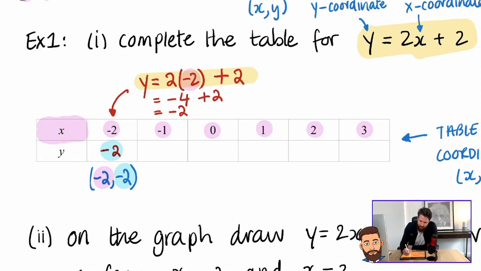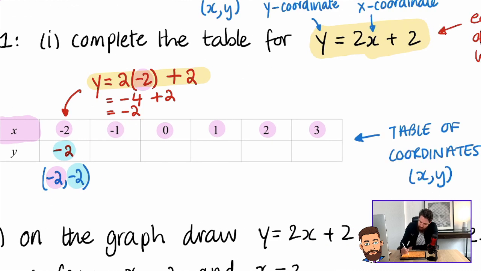If we do it for the next one, when x is -1, we're going to replace x with -1. What would that give us? If we look at our equation, we're going to have y equals 2 lots of -1 plus 2. Well, what is 2 lots of -1? A mixture makes a minus, so that would be -2 plus 2.